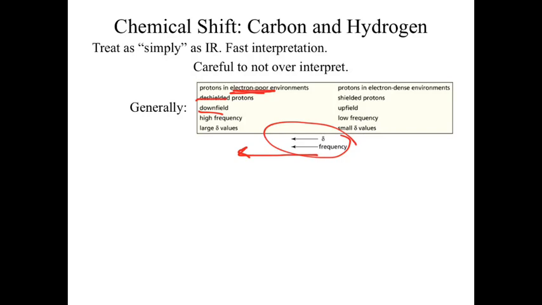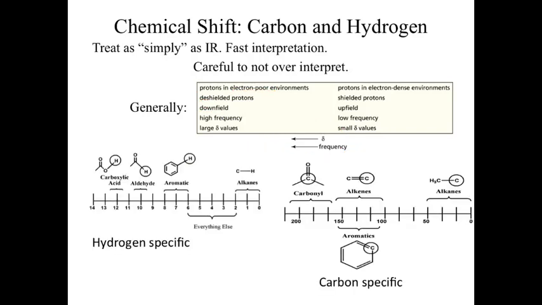So, what are those values? When we're looking at hydrogen NMR, the chemical shift range starts at 0 and caps out about 14. You might see a little bit higher than that, but pretty rare. And you'll notice that I labeled individual ranges within that line of what you would expect to find.